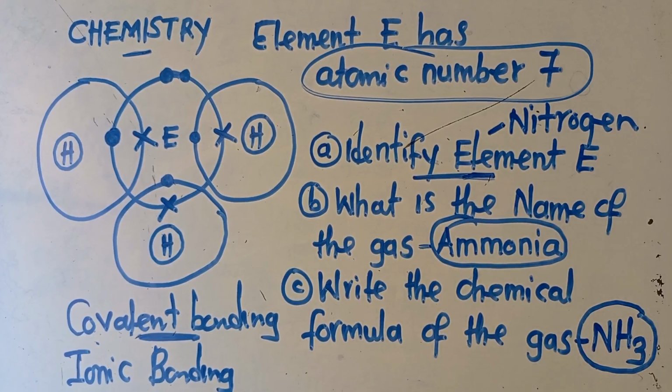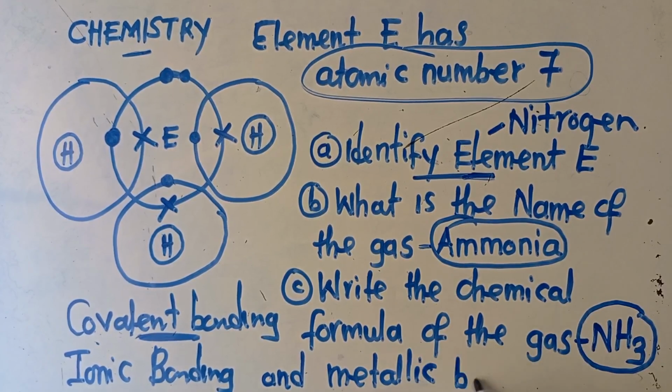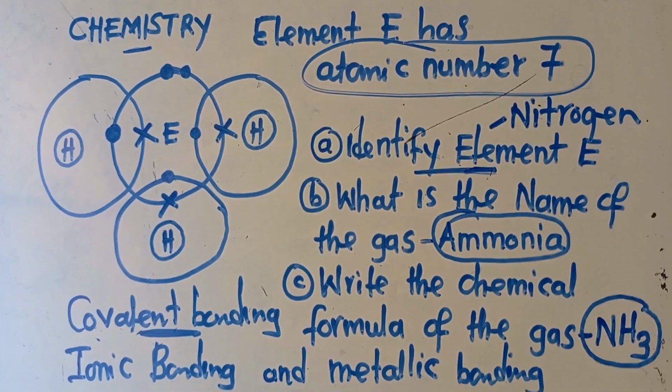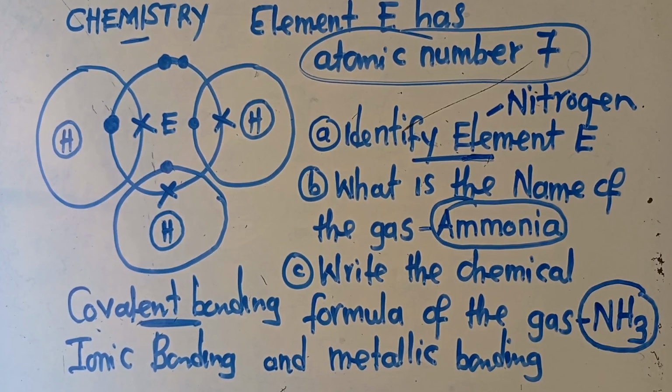My focus is covalent bonding. We also have another one called metallic bonding. We have about 5 types of bonding, but at O-level chemistry we just need to understand these three: 1, 2, 3. Ionic exists between a metal and a non-metal. Metallic is just between metals. This is what you need to understand.